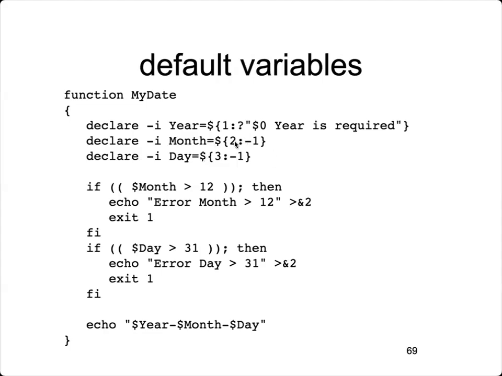So if they passed in something that's unset or empty, then set it to 1. So it would be January 1st, 2025, right? If I called this function, do some minimal checks and then echo that out. So this would be an academic example of how that's used.